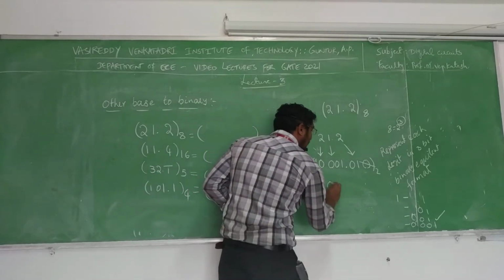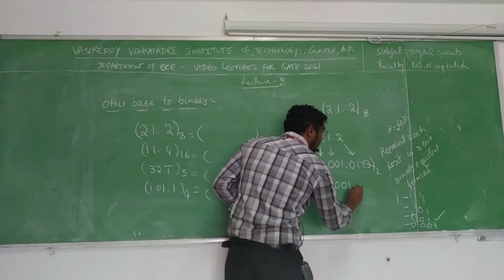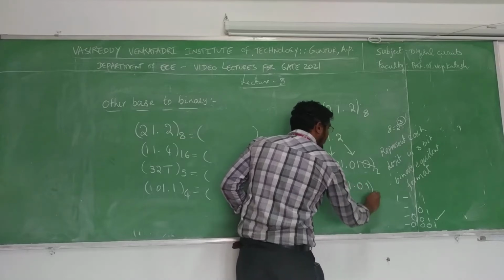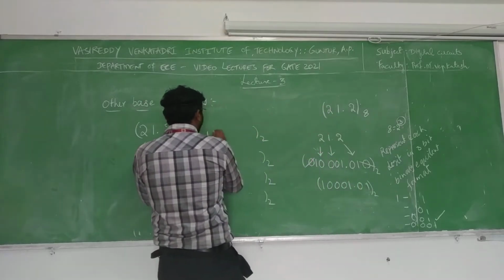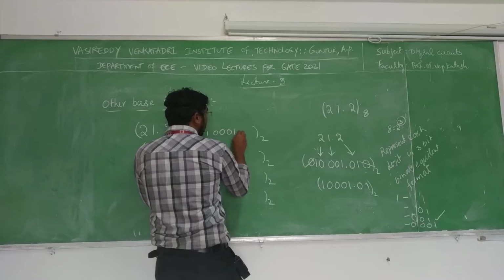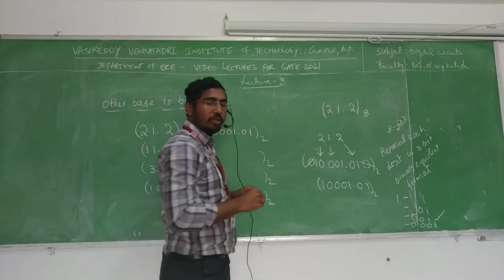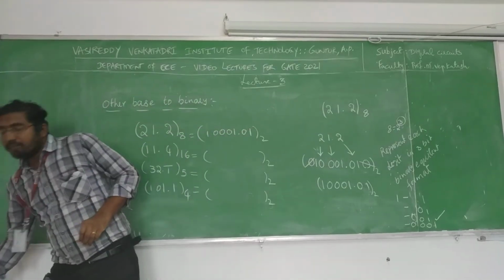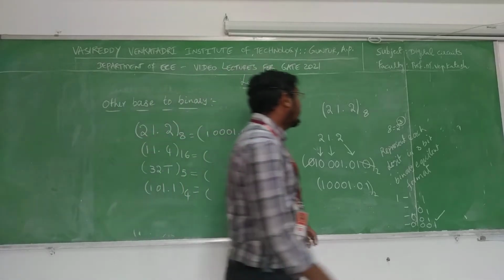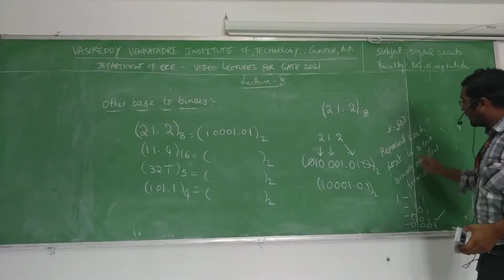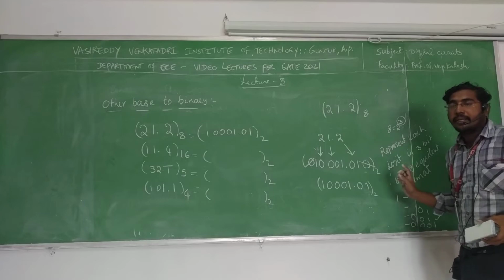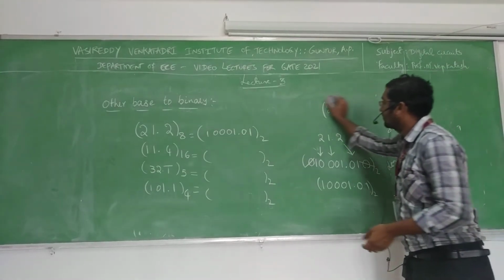So the answer is 10001.01. So we got this. Okay, so this is how we convert octal to binary. Represent each digit in 3-bit binary equivalent format.